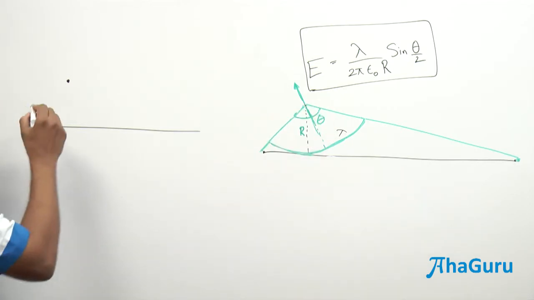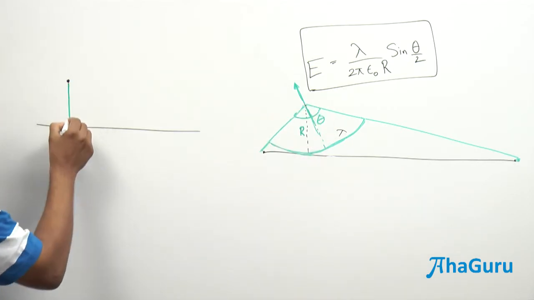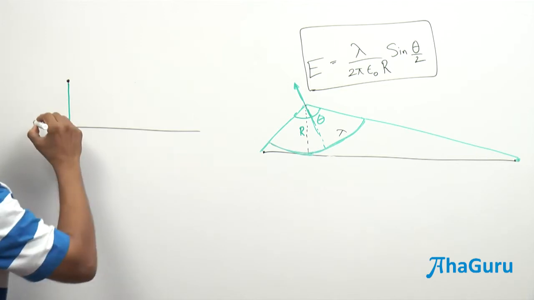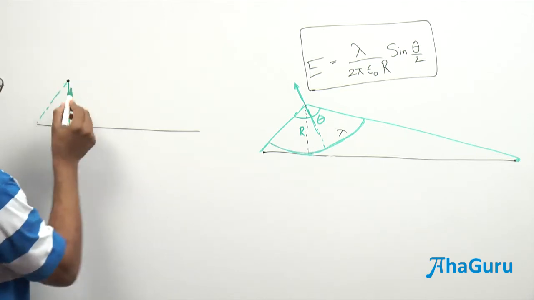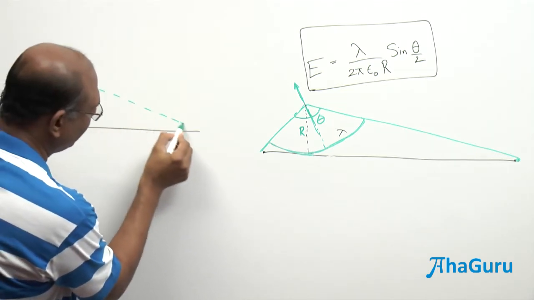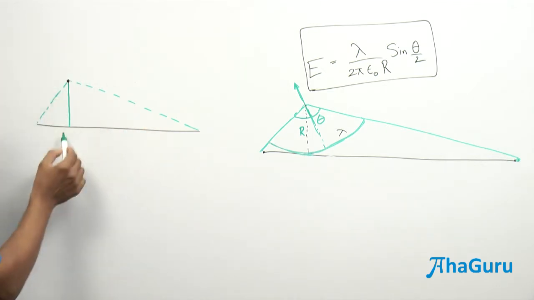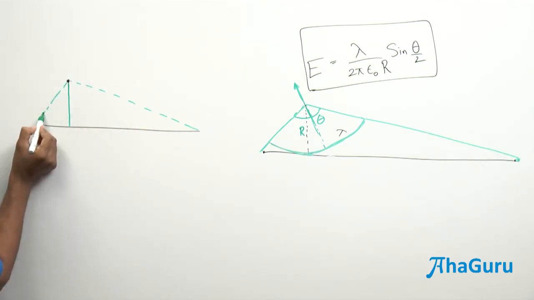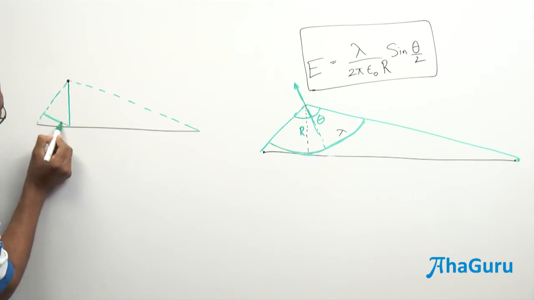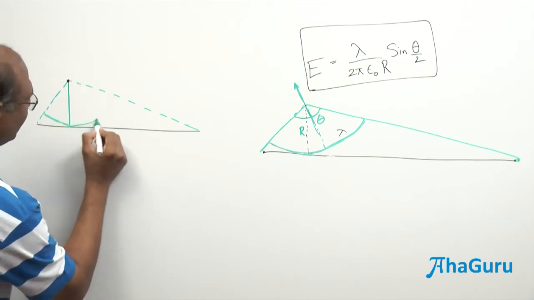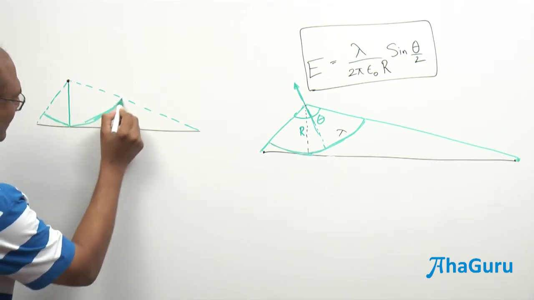Let me just construct. First, let's take this length and draw. These lines don't exist. This also doesn't exist. I'm just going to construct an arc with this as the radius.